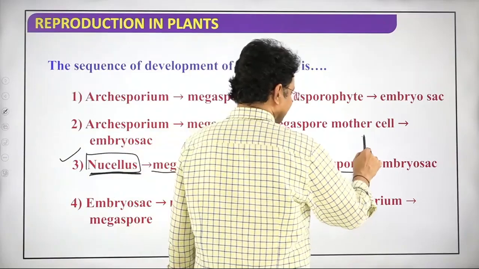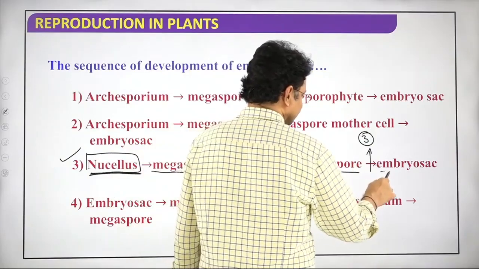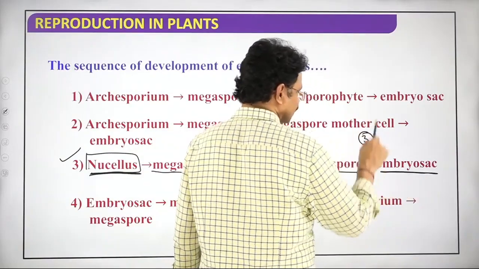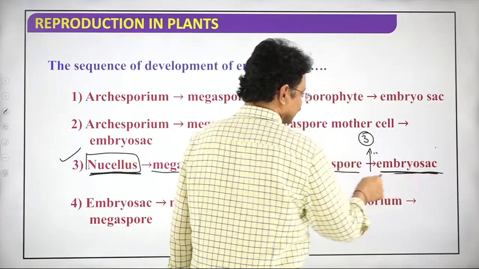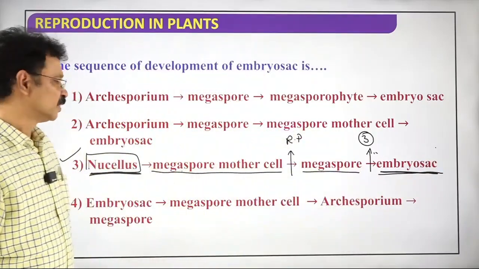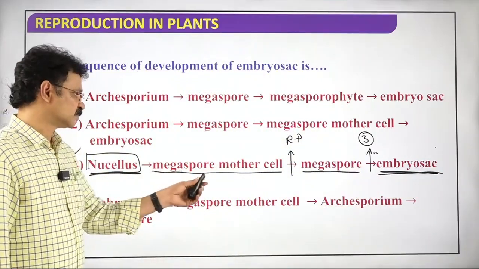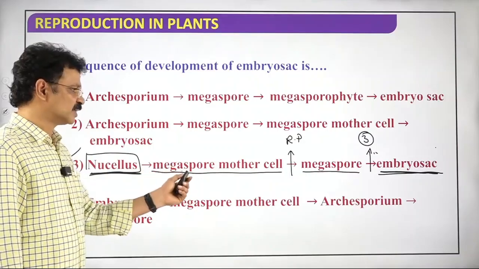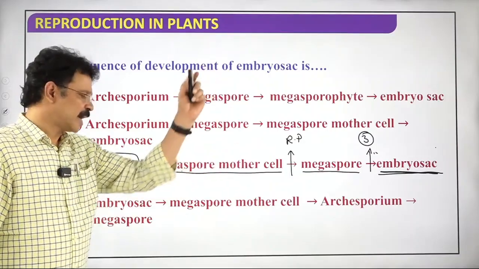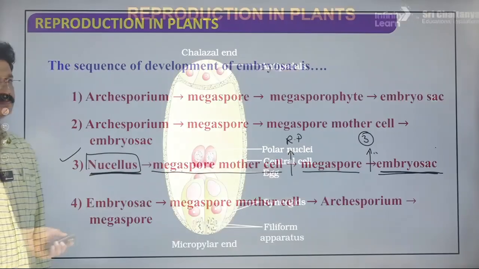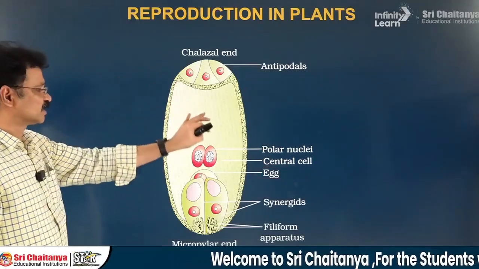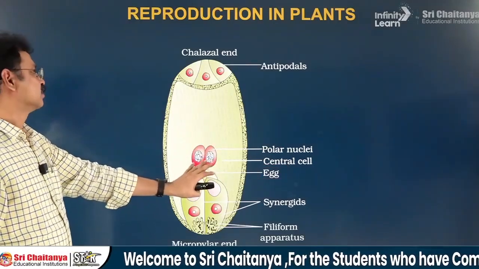After 3 mitotic generations, it gives rise to a female gametophyte. Other name of this female gametophyte is an embryo sac. It is the correct sequence of different cells arranged in development of an embryo sac from nucellar tissue. This is the structure of an embryo sac.